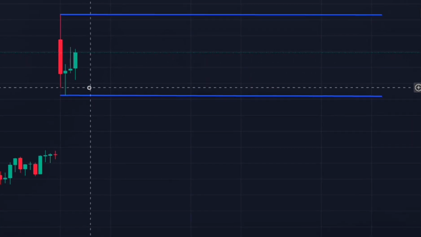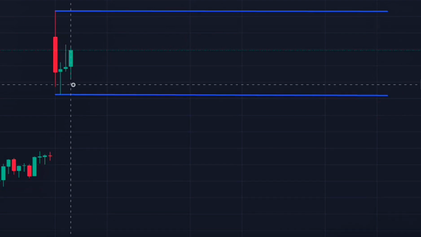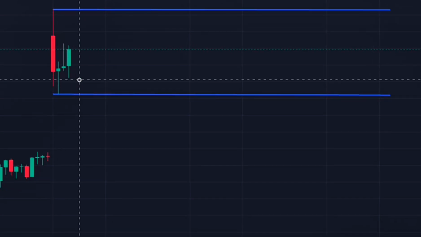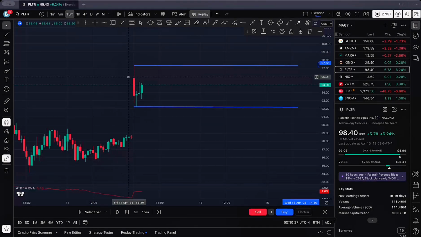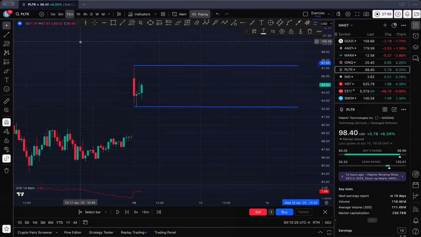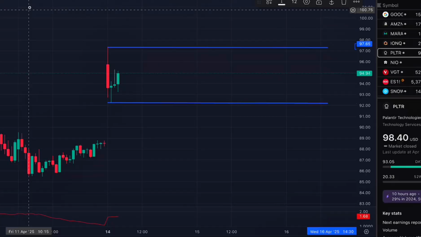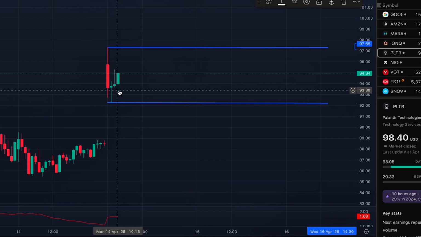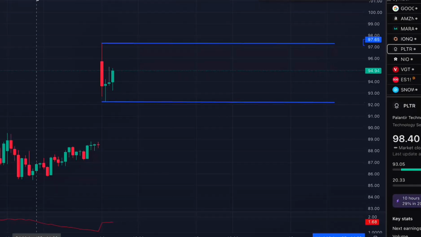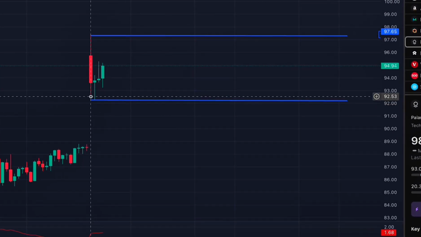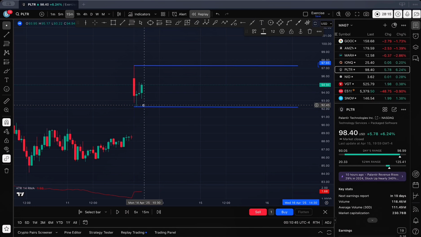So you see now here, I have 4 candles. Why 4 candles? Because we move from one candle with 1 hour duration to 15-minute candles, right? 4 times 15 is gonna give us 1 hour.